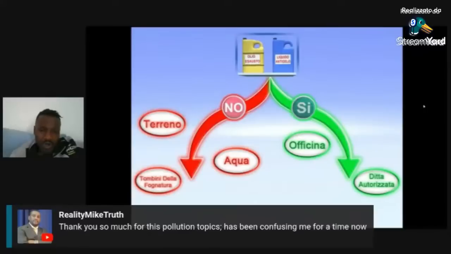Liquido antigelo, which is the coolant of the engine. I repeat, the coolant of the engine. We take it to the officina, or we take it to the authorized company that can dispose of it in the right manner. Ok.